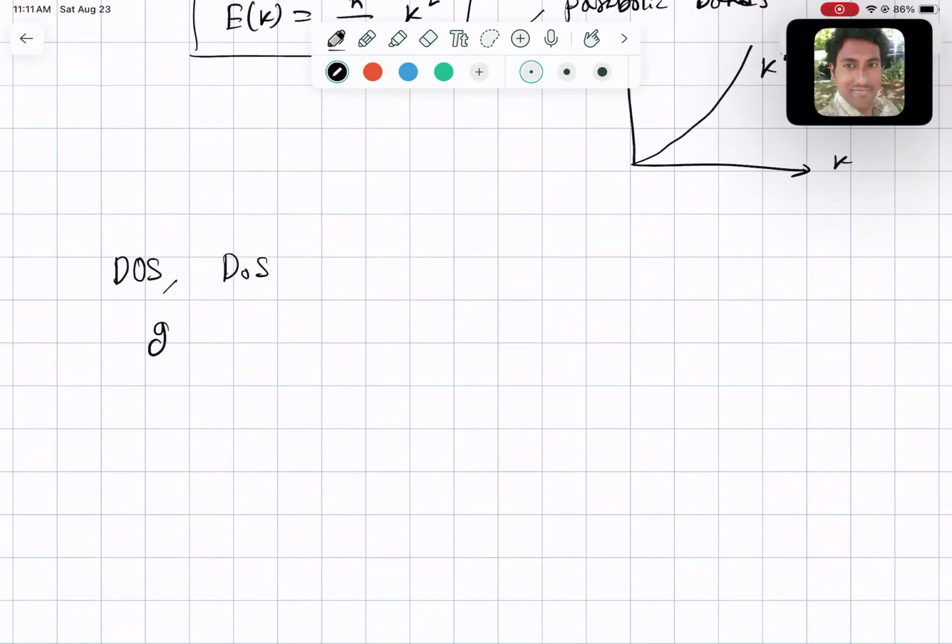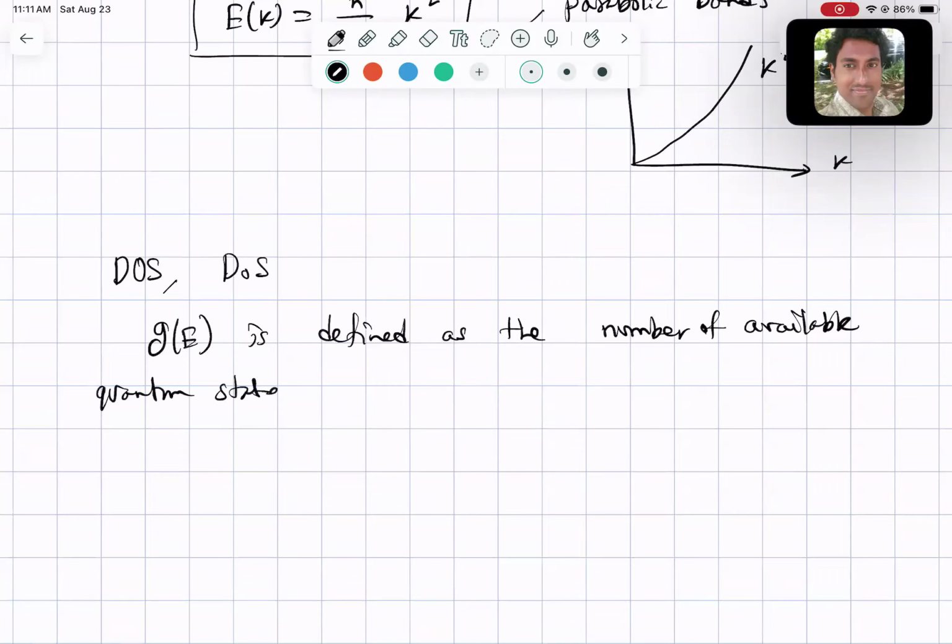So DOS, or density of states, g of E, is defined as the number of available quantum states per unit volume per unit energy range.